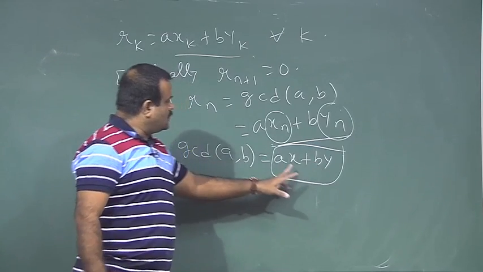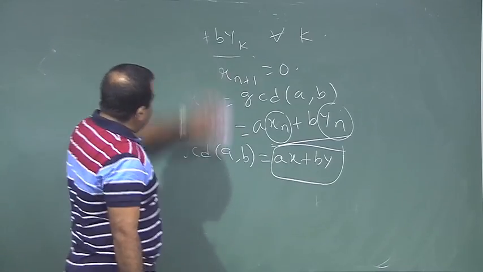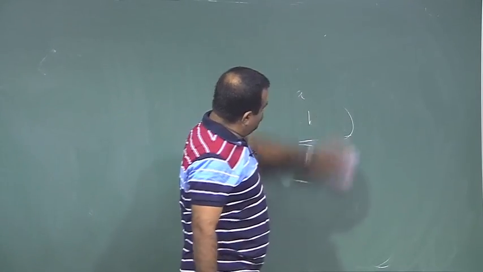Once we have x and y, we will see how to get x and y by the Euclidean algorithm.